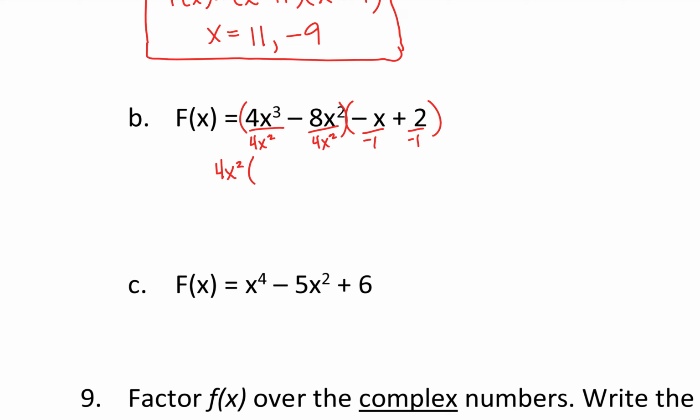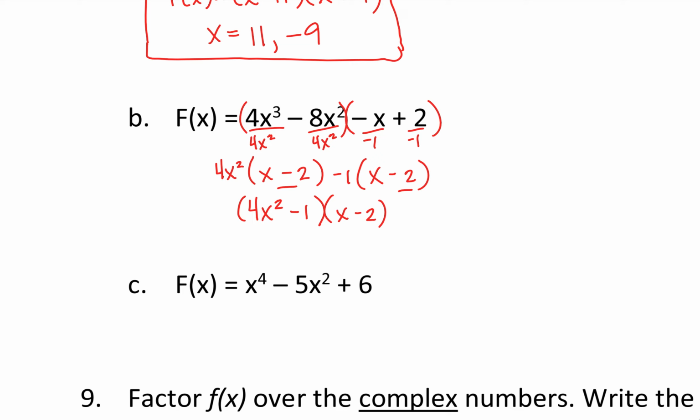Do my division, and I have an x minus 2. Pull out the -1, and I'm left with an x minus 2. Remember, once those two are the same, you're good. You get 4x squared minus 1 and an x minus 2.